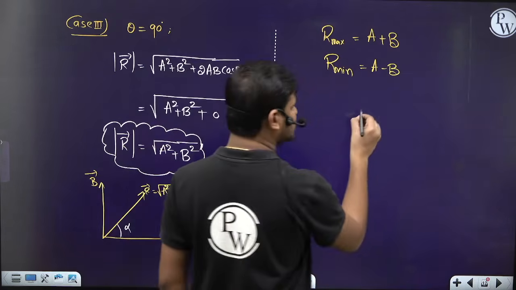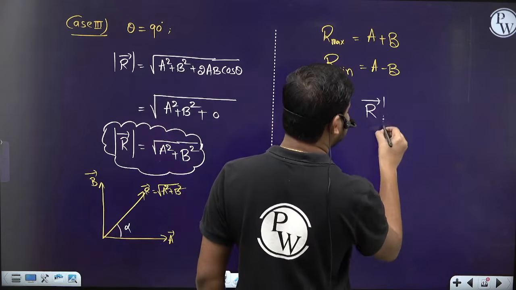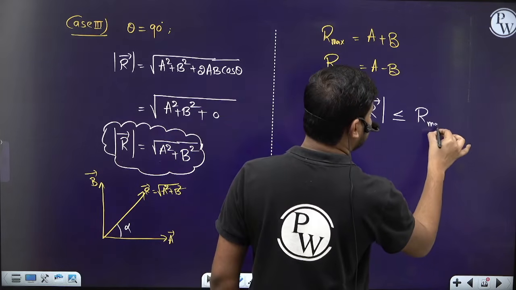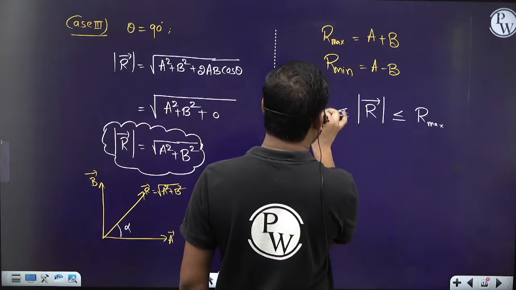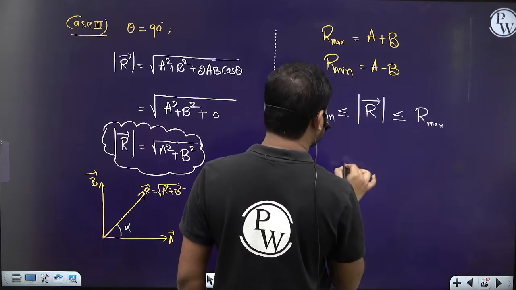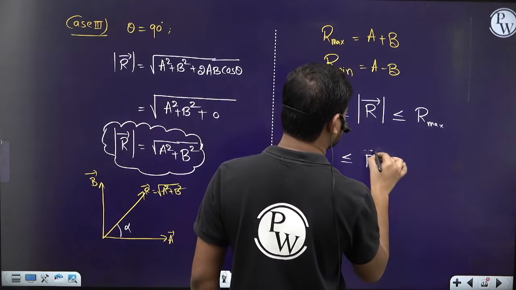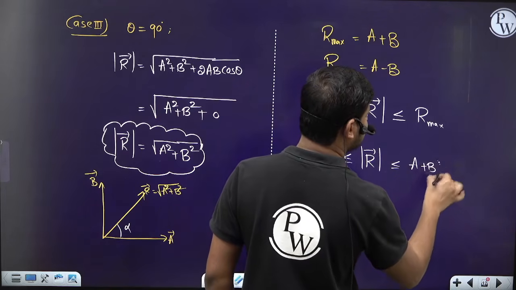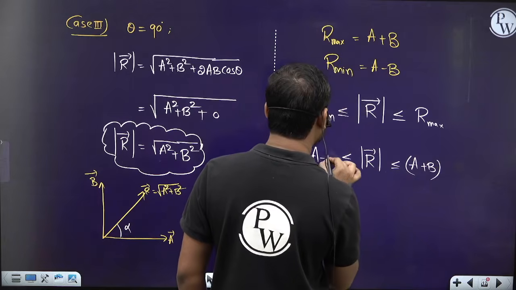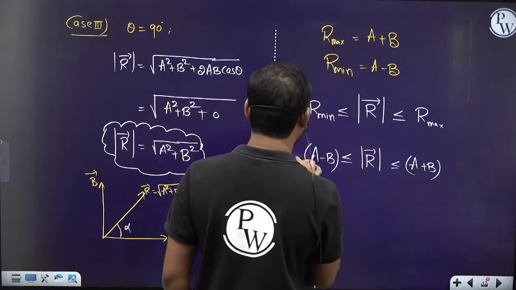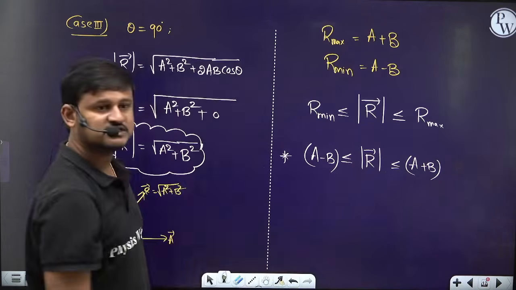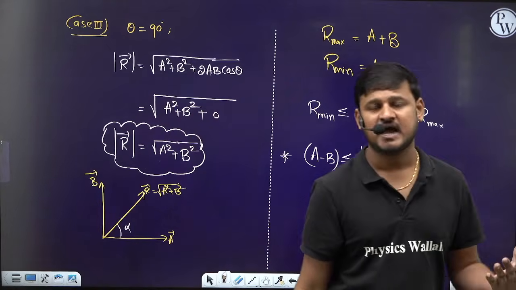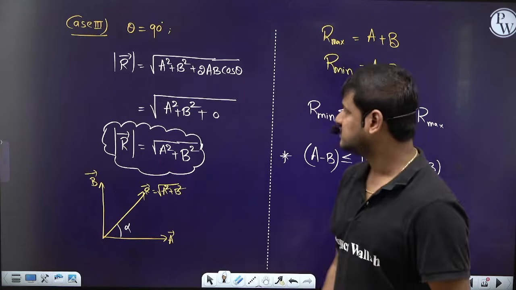So what is that maxima and minima? The resultant will lie between r maximum and r minimum. So the resultant lies between a plus b, the maximum, and a minus b, the minimum. Clear everyone? Understood? So let's move further.